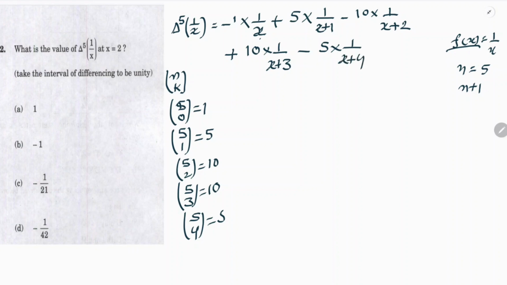So we have written a total of 5 terms, but there should be 6 terms. Then in the last term we will add plus, then 5C5. 5C5 will be 1 into 1 upon x plus 5.